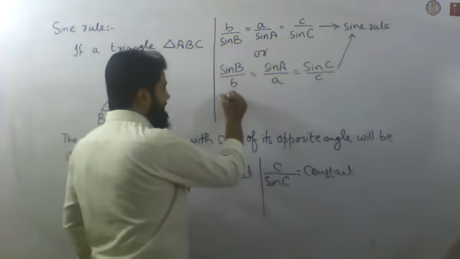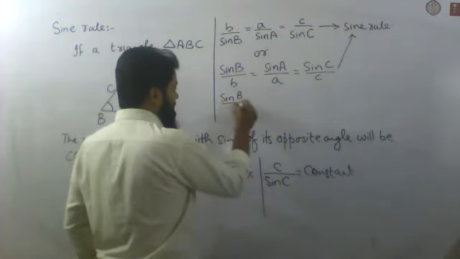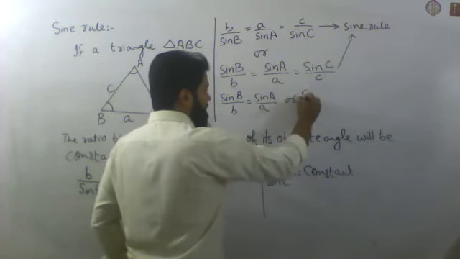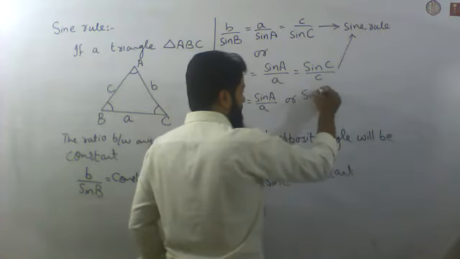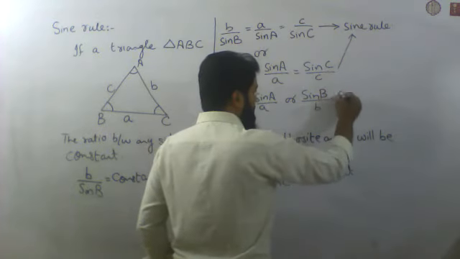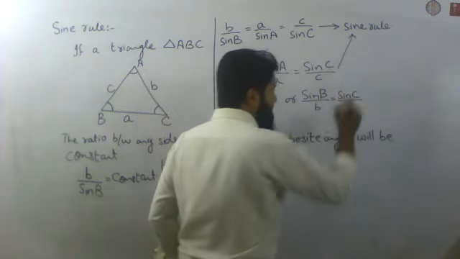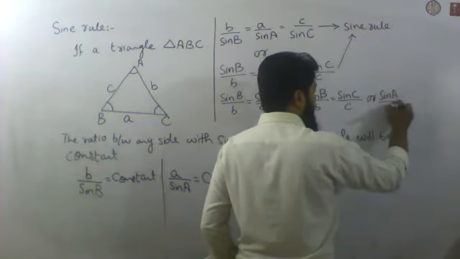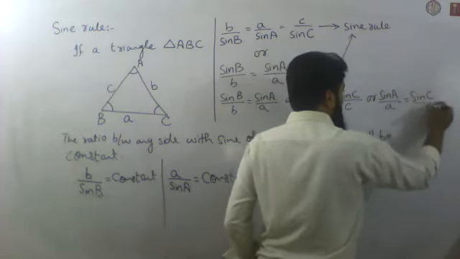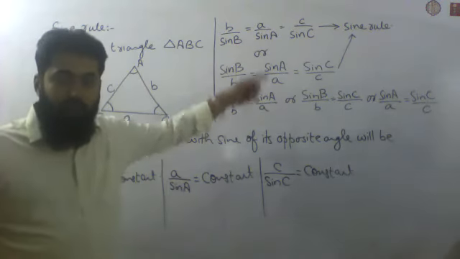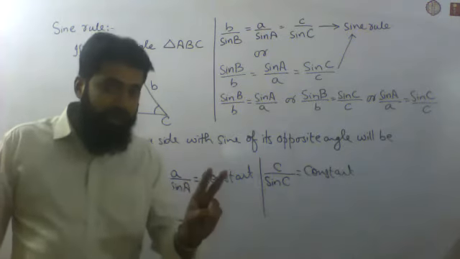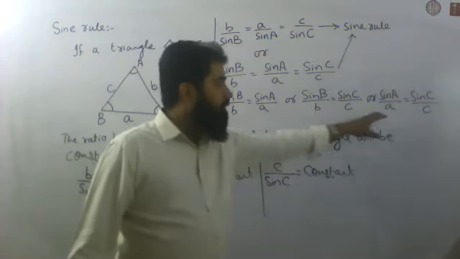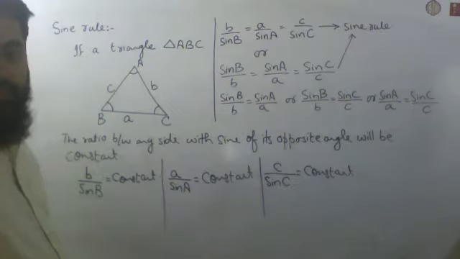Either sine B over B with sine A over A, or sine B over B with sine C over C, or sine A over A with sine C over C. So out of 3 ratios, you will take any 2 at once to get your solution.